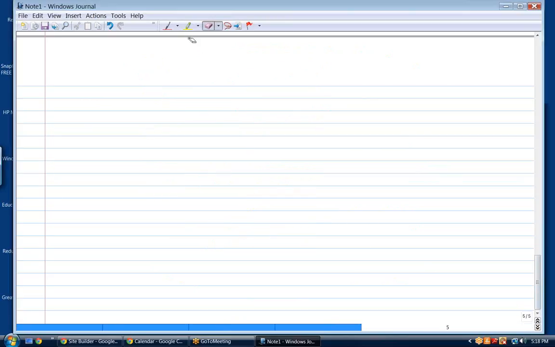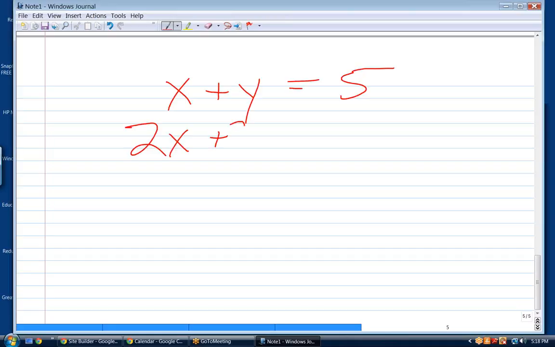Likewise, if I gave you this, this might look like it's two equations and two unknowns, but it really isn't. It's really one equation, and the only way I got the second equation was by multiplying the first one by 2. So this is not going to give me a solution either.